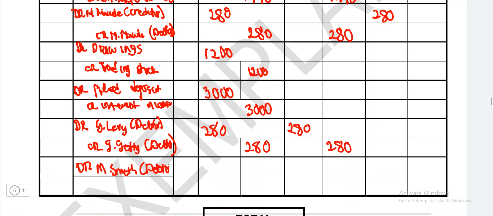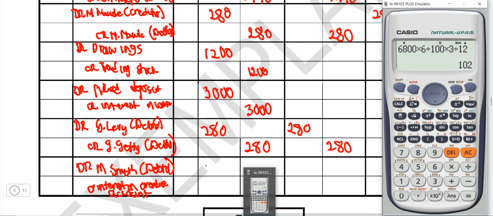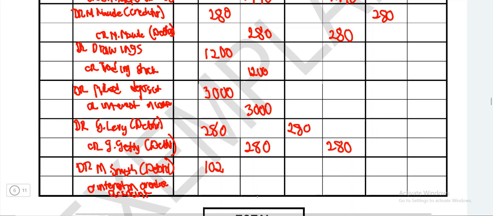Okay, and then we credit interest on overdue account. Remember, interest on overdue account to us is an income. So very important for us to remember that. And then the amount that we got was 102. So that 102 will come here.